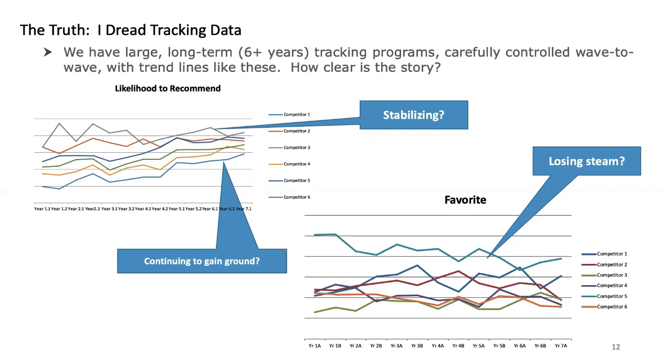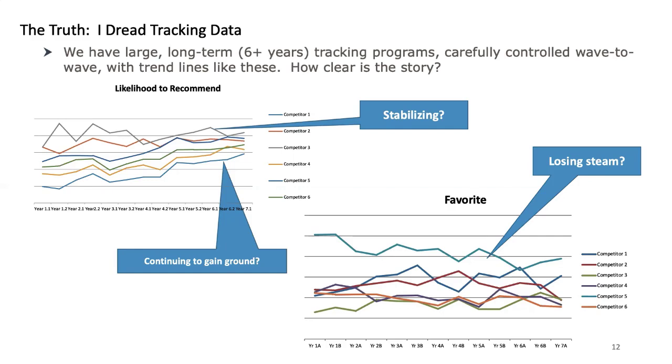We track them twice a year, and these are what the numbers look like for the percentage of people who are likely to recommend each of these 6 brands, as well as the percentage of people who pick the brand as being their favorite for these 6 competitors.